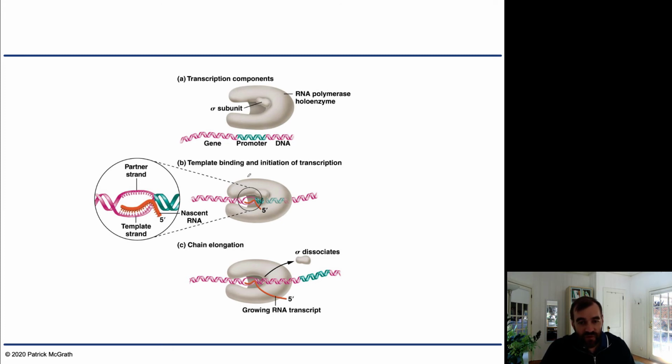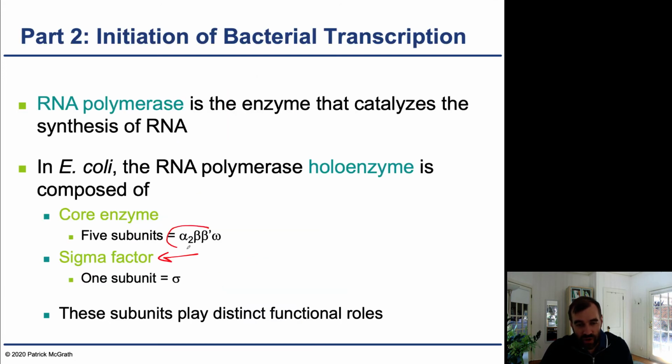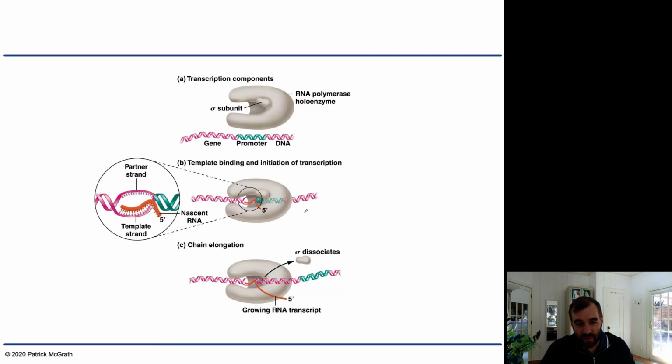So the sigma factor is what brings the polymerase to the promoter site. Once that occurs and transcription initiates, and we start to create the mRNA molecule, the sigma factor's job is done and it simply dissociates from the RNA polymerase. The RNA polymerase still has all of these other factors within it that are producing the mRNA transcript.